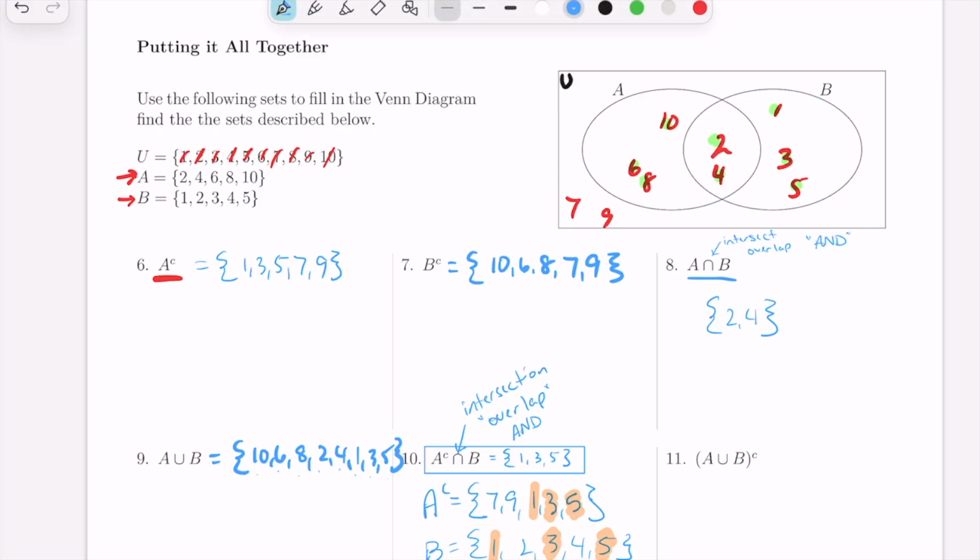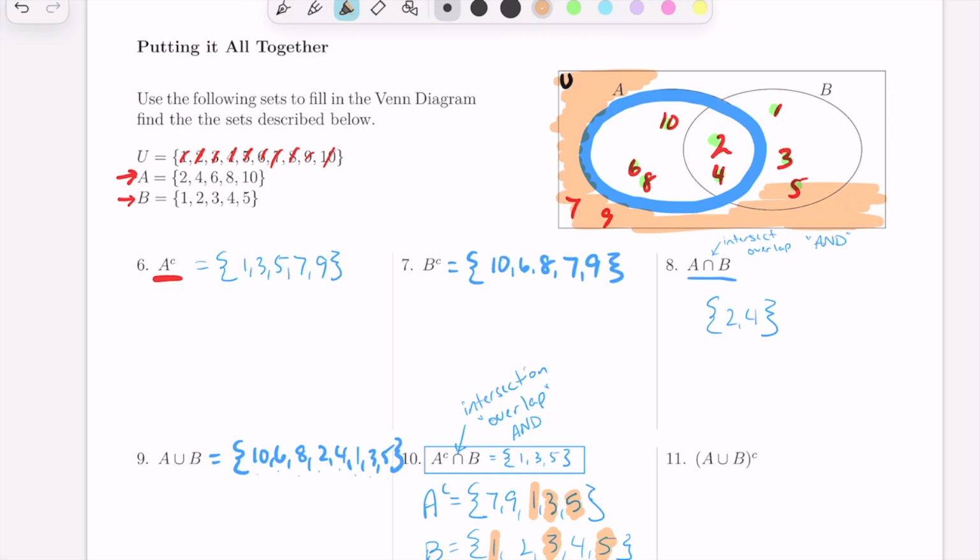So I'll start out by identifying A complement. Well, everything inside the circle is A, which means A complement is everything outside the circle. So A complement is all of this, colored with a kind of peach highlighter. So this is the first part of my answer set. That's A complement.